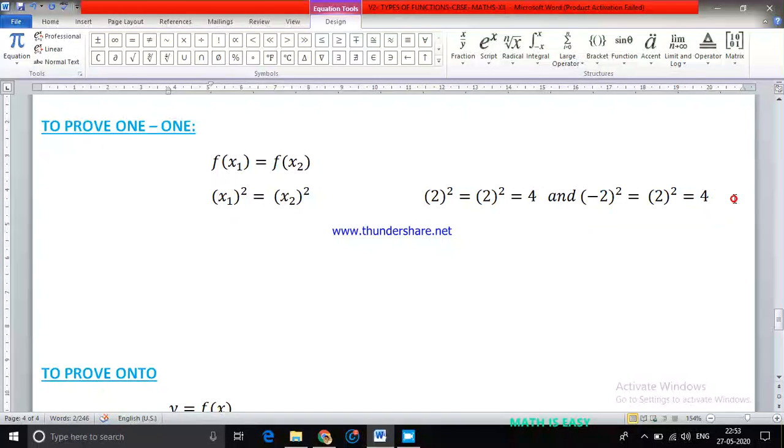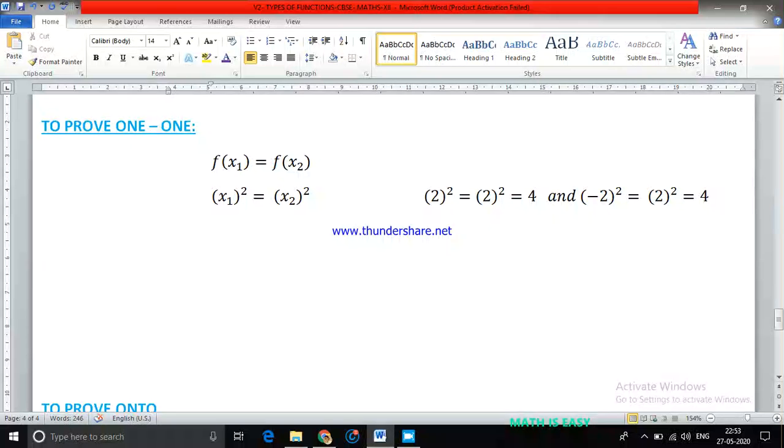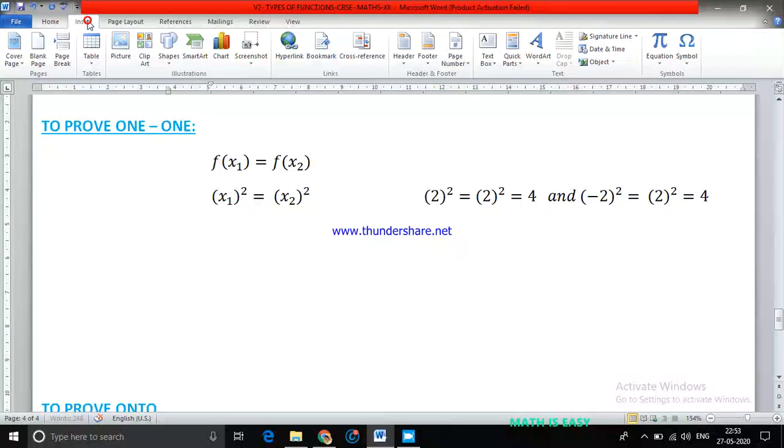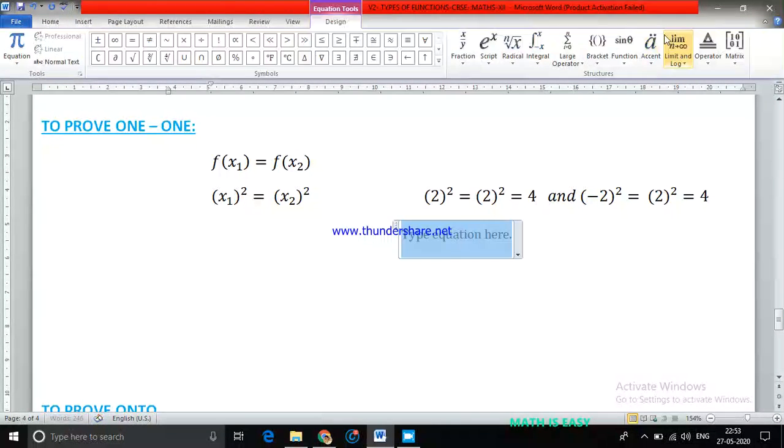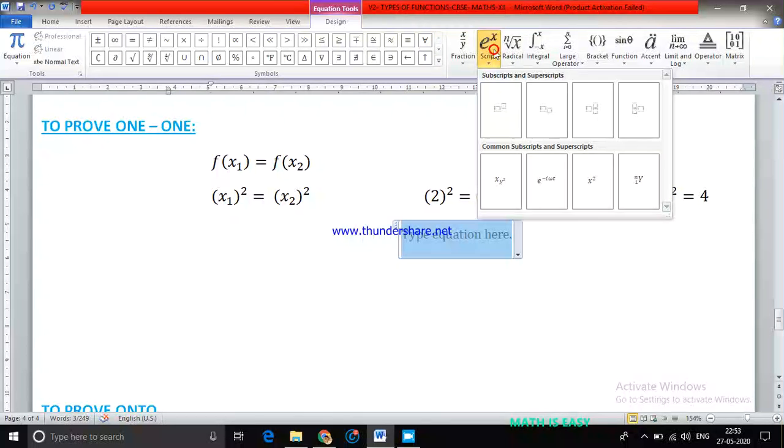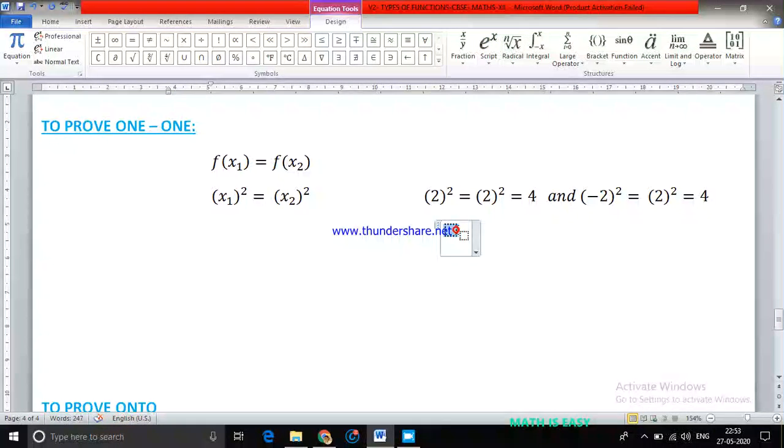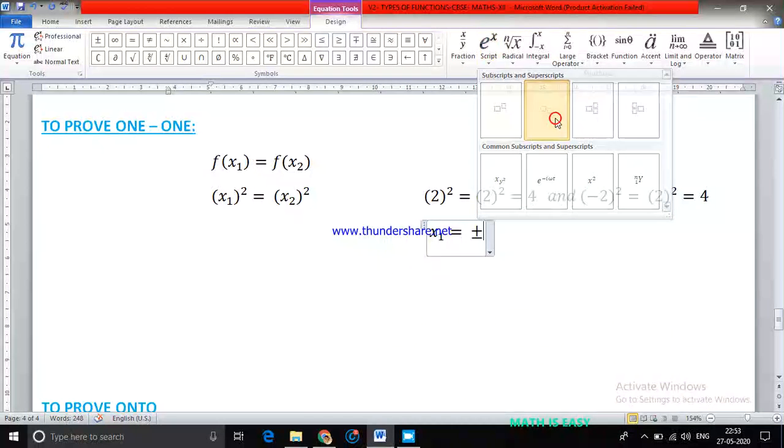So you cannot simply cancel the exponents and say that x1 equals x2. That is wrong. Here x1 will be equal to plus or minus x2.